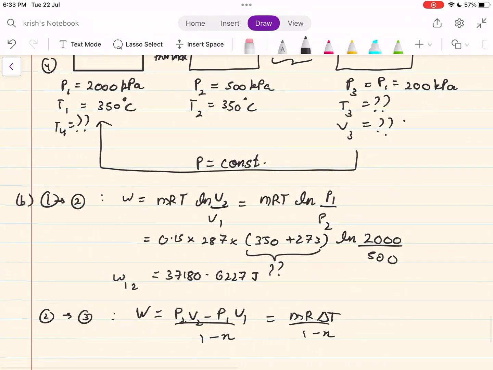We do not know V and we do not know T as well. So we can find either of those two because we know the pressures, right? So we can find V and then use P1V1 minus P2V2. But then we'll have to find the volume at this state also. So I think it is better to use the delta T because that way we will only have to calculate one variable, which is T3.